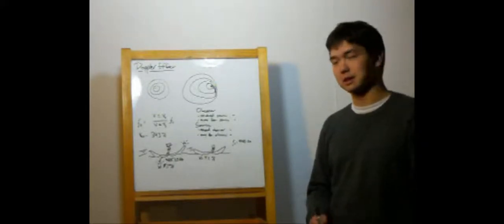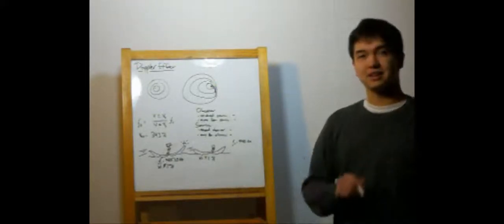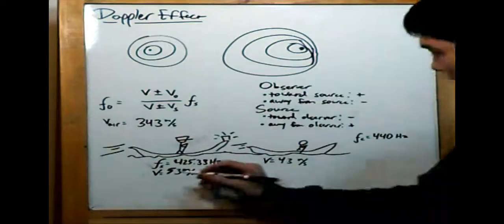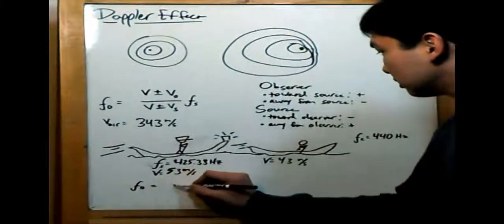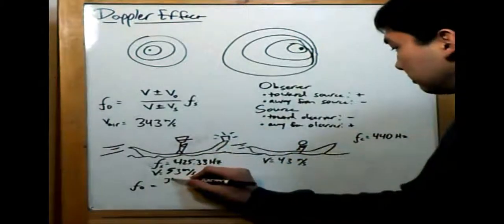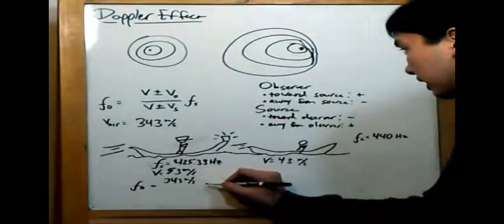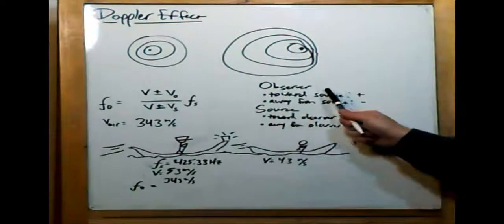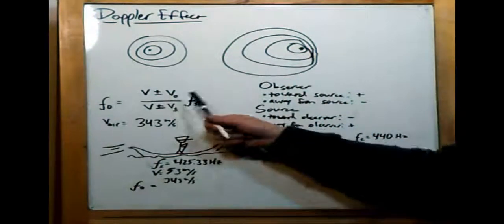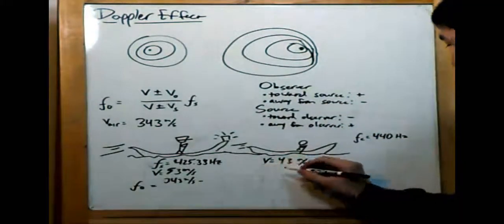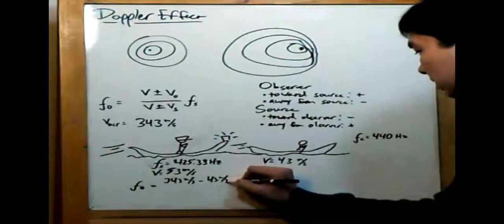Well, he might not successfully make a getaway considering he's moving slower, but still, let's see if he can tune the trumpet. So our observed frequency is equivalent to the speed of sound, in air this time, because they are in air, 343 meters per second. And so let's see, the observer is moving away from the source. So that's going to be minus. So minus our speed, which is 43 meters per second.